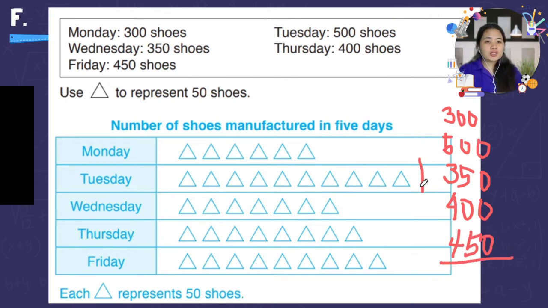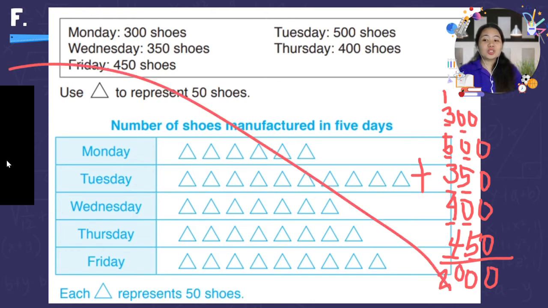Okay, let's add. 0 plus 0 plus 0 is 0. 0 plus 0, that's 0, plus 5, 5 plus 0, 0, plus 5, 10. Okay, carry 1. 1 plus 3 is 4, plus 5, 9, plus 3, 12, plus 4, 16, plus 4, 20.